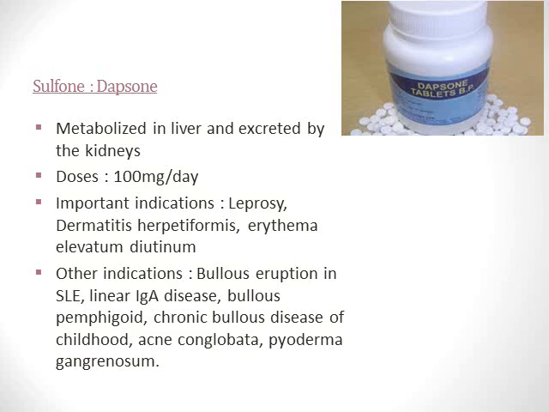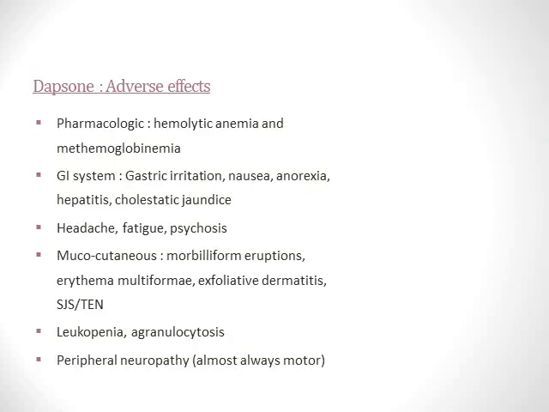So there are other indications of Dapsone, not only Hansen's. It's a very useful drug and can be used in various conditions in dermatology. Most of the time, when patients start taking it, they get scared thinking it's given only for Hansen's. You should be clear that it's not only given in Hansen's, it's given in various other disorders of the skin. What are the adverse effects of Dapsone?